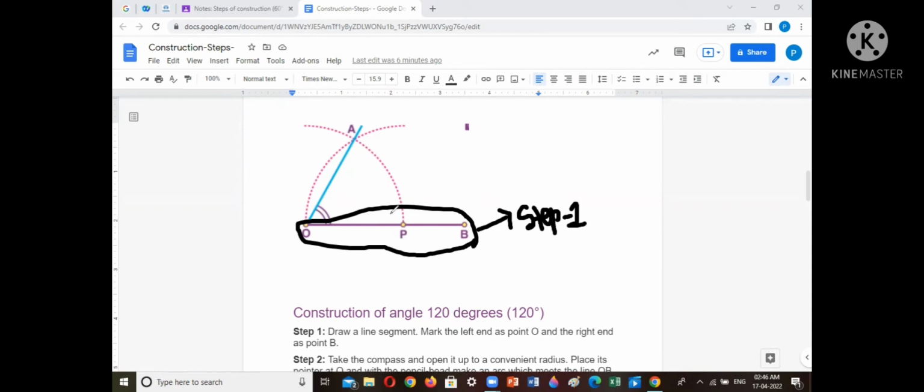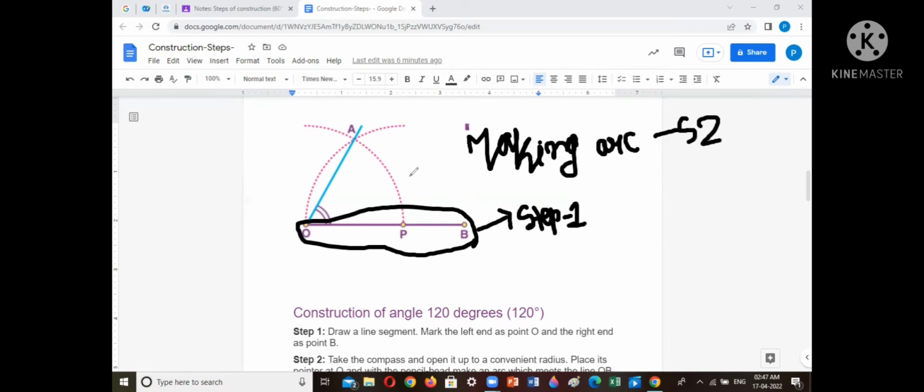Then here, when we are making an arc, that is step 2, making the arc.